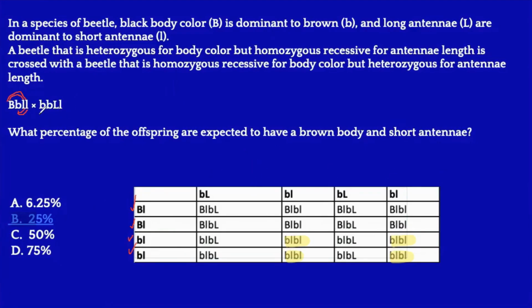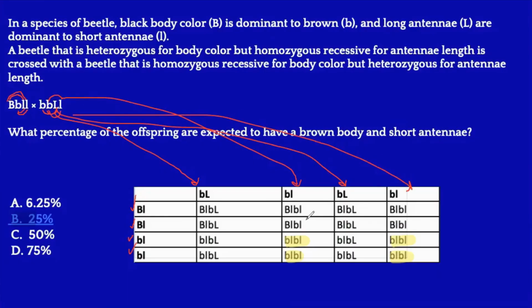Now if we take the other side, we have little b, big L. For this one, we have little b, big L, which is what we have here for the second parent. Little b, little l, which we have for that second parent. Then we have little b, big L once again, and little b, little l, which we have there as well.